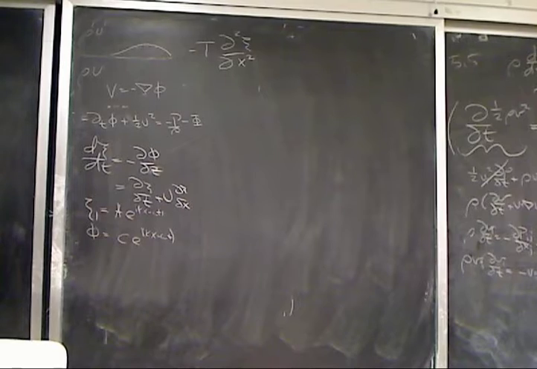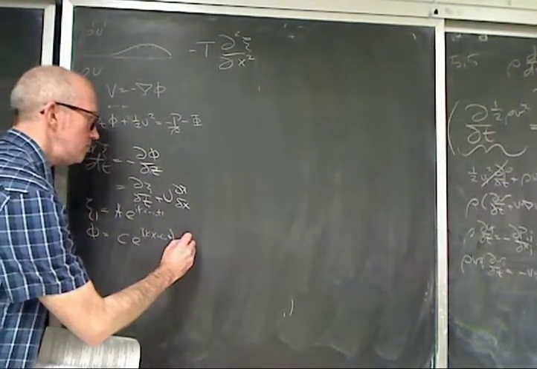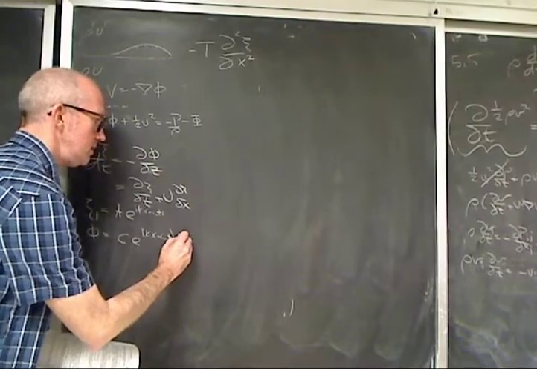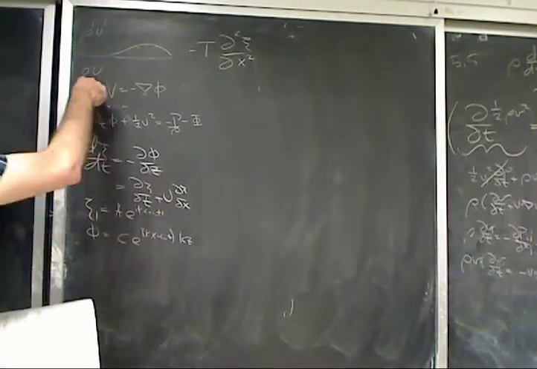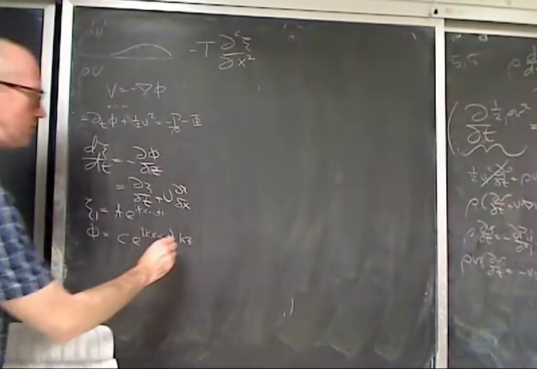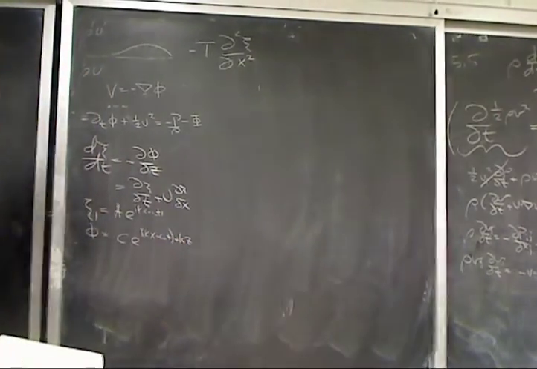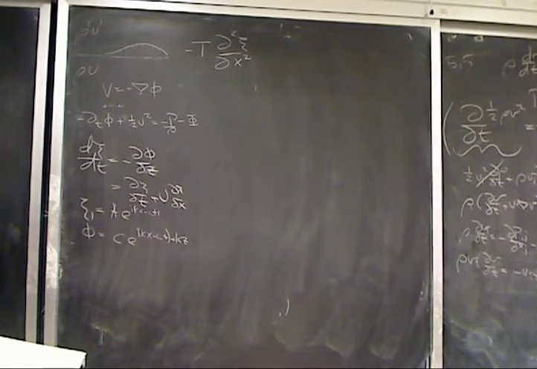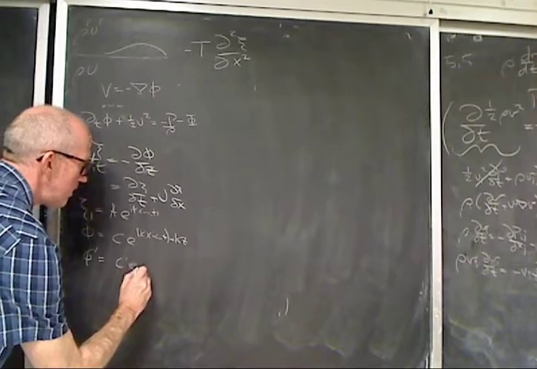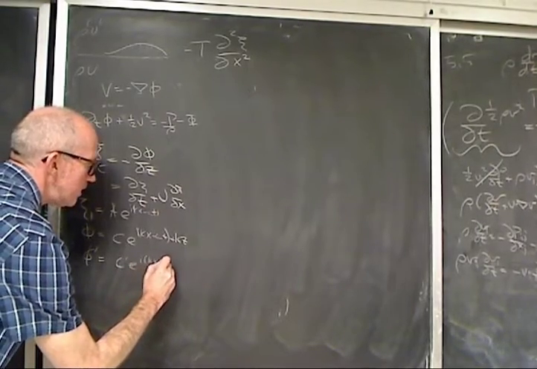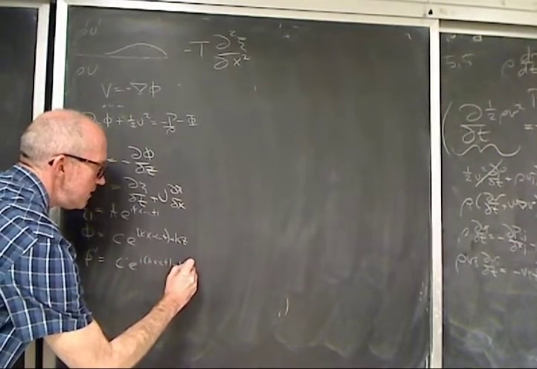I want it to go to 0 at infinity. So this is something times z. It's k times z, and it's either a plus or a minus. This is φ, the bottom, so z goes to minus infinity, so this needs to be a plus. Did you follow that? Then φ prime, which is the top, is going to be c prime e^(i(kx − ωt − kz)).